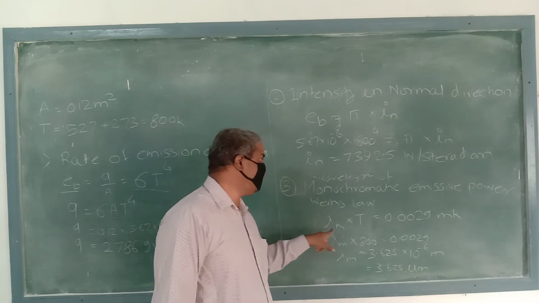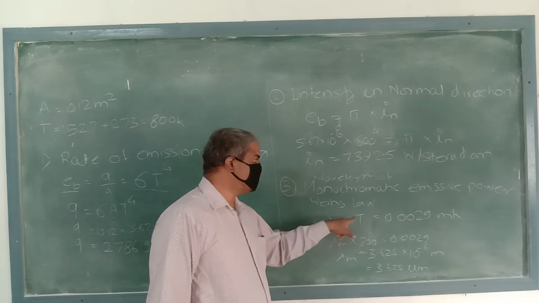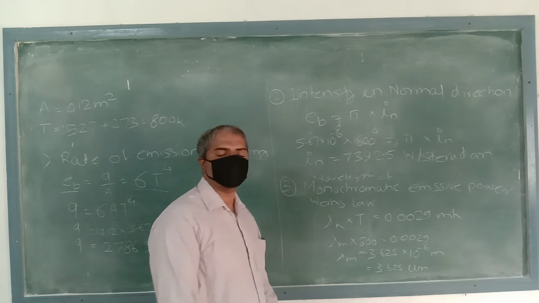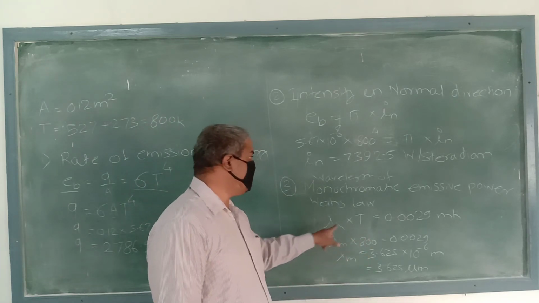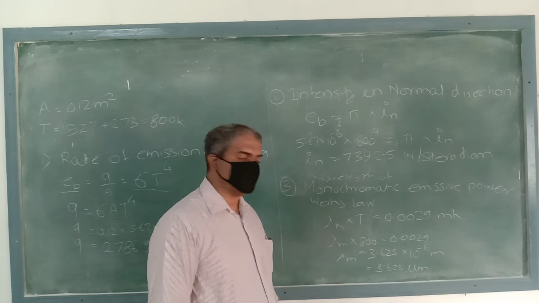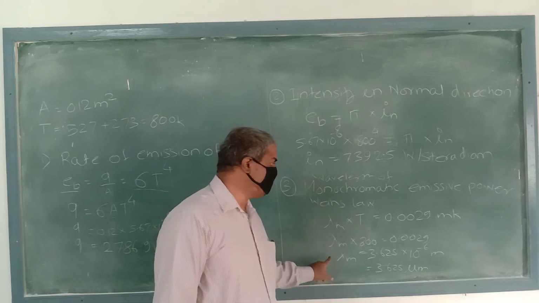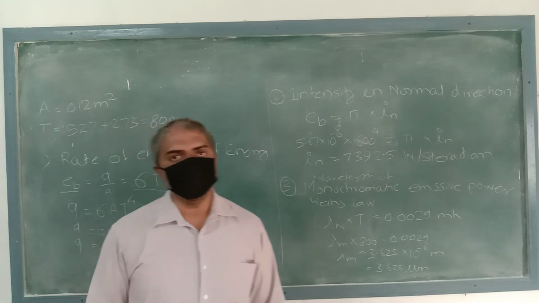As per Wien's law, lambda m, the maximum wavelength, into temperature is equal to 0.0029 meter Kelvin. They have given the temperature. We substitute this in this equation, and we are getting the maximum wavelength, which is 3.625 micrometer.